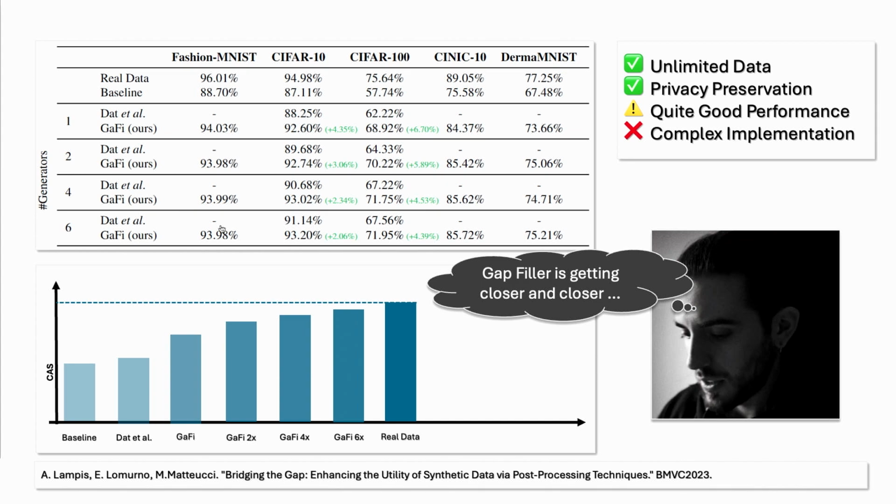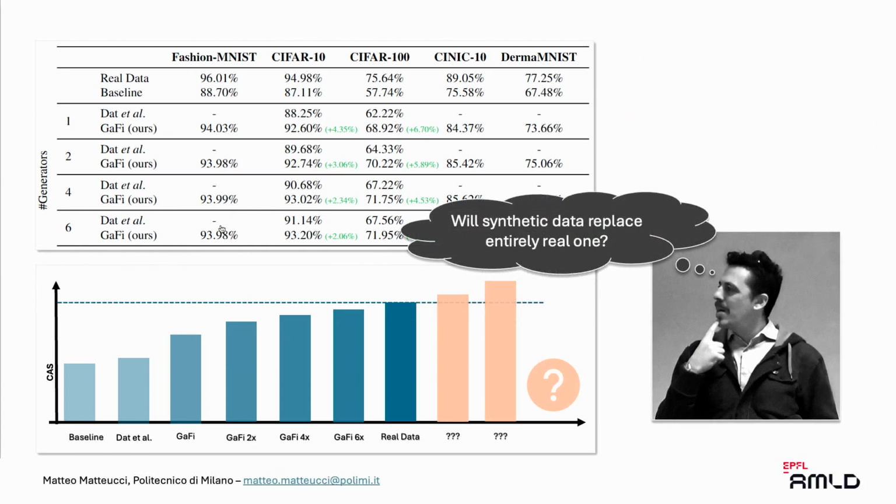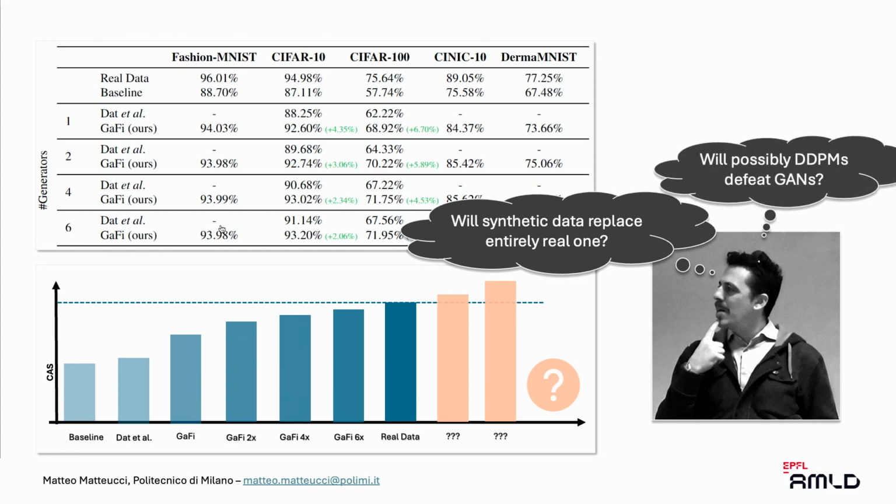Well, not yet. We have been working with the generative adversarial network. There is still an open question whether we will be able to defeat real data and just train on real data. Maybe new models which have been trained by the denoising diffusion probabilistic model might turn out to be more effective than generative adversarial networks.